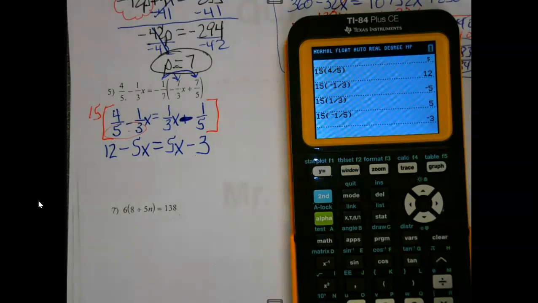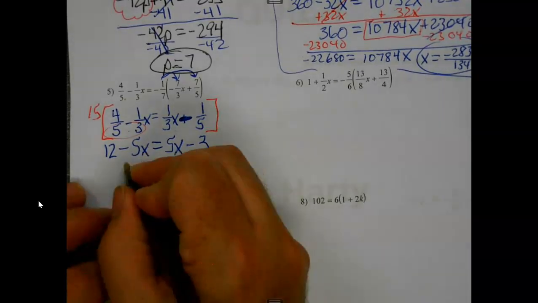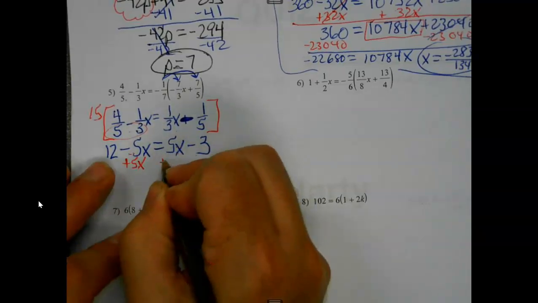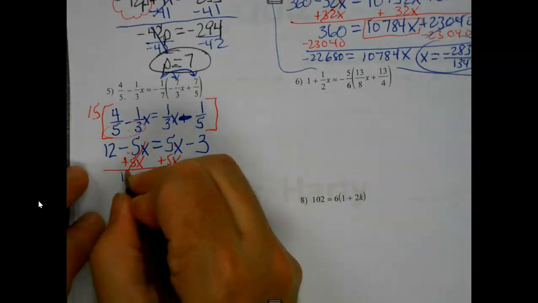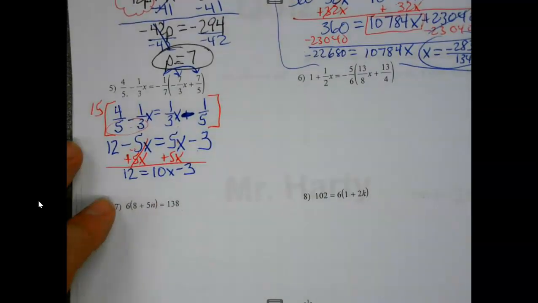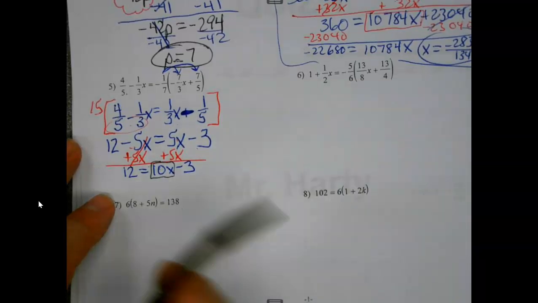So, from here, it's up to you how you want to go. Do you want your x's positive? Do you want them on the left side? It doesn't matter. Since they're on the opposite side of the equals, get those all to one side, whichever side.